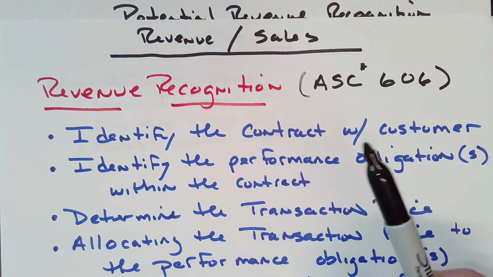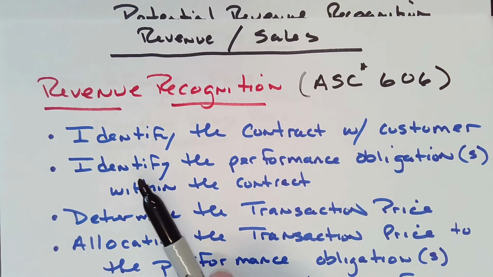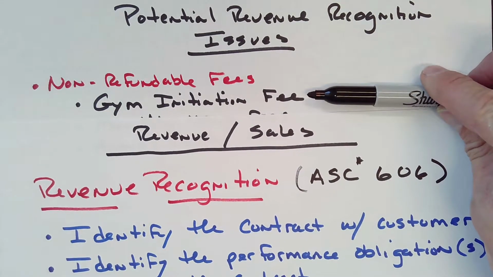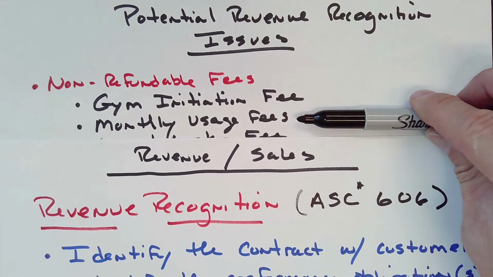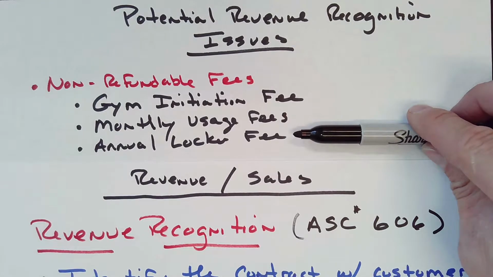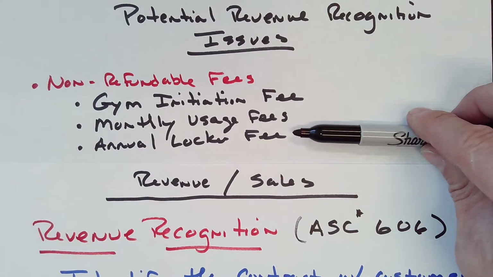So what are my performance obligations? Well, this gym initiation fee lets them in the door. This monthly usage fee allows them to use the facilities. And this annual locker fee is you get a place to store your stuff, and you get a lock and whatever you need.